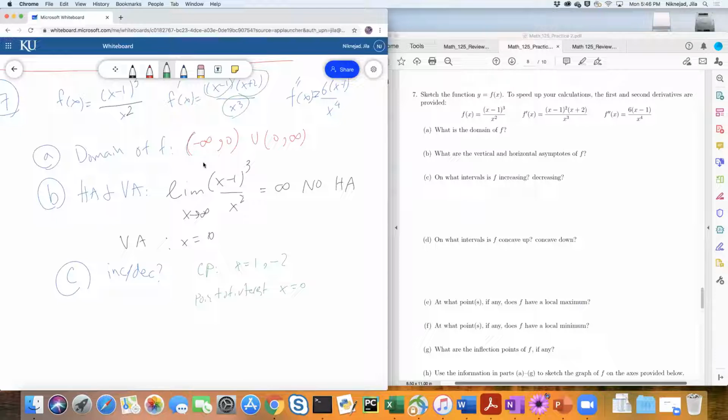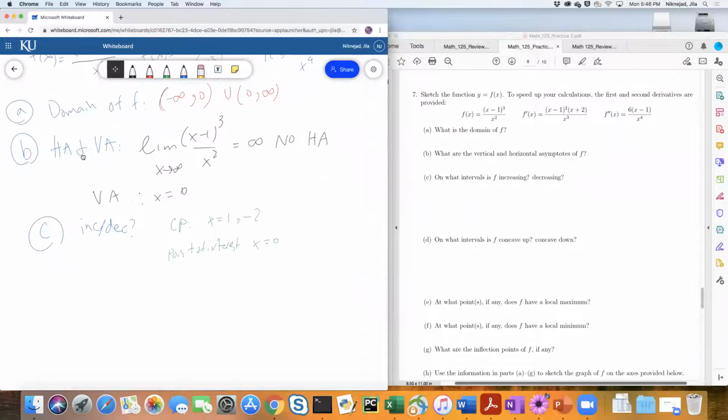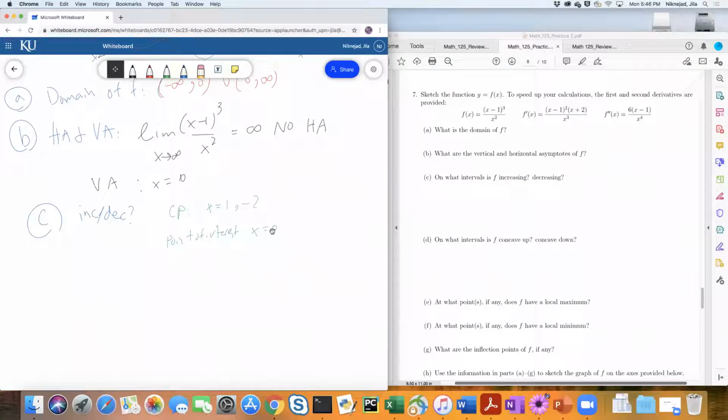It's just vocabulary that differs between people. It's not an important vocabulary basically. But I like to call them all points of interest. Critical points are points of interest, and these types of points also are points of interest that you want to put on the number line. So for f prime, there is -2, 0, and 1.